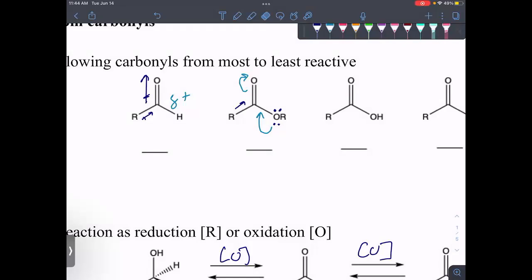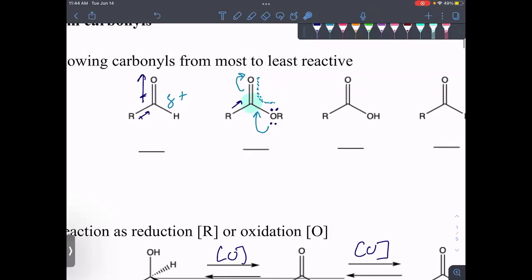Basically you're having electrons buzzing between the two oxygens, right? And what comes between those two oxygens? This carbon right here. So the electrons that are being shared between these two O's pass over the carbon. So that's more electron density, and we don't want that. So that makes it one of the least reactive ones. Because of resonance, the ester is not very reactive.